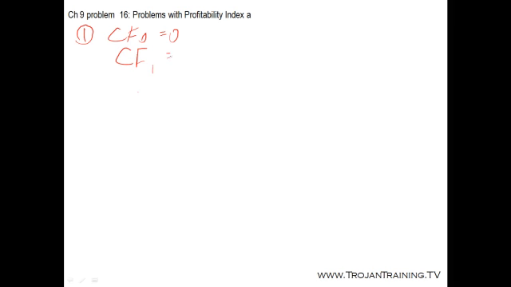Cash flow in year 1 is 27,000, and then F01 is 3, because the cash flow repeats in year 1, 2, and 3. Then hit enter. I equals 10%.